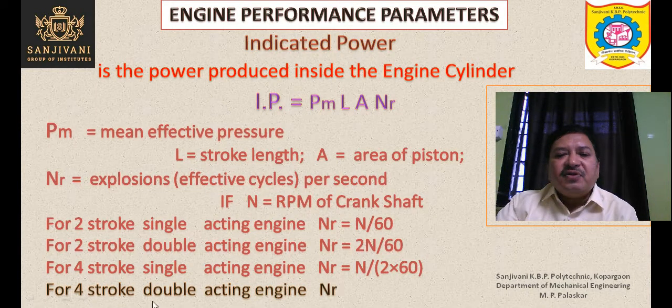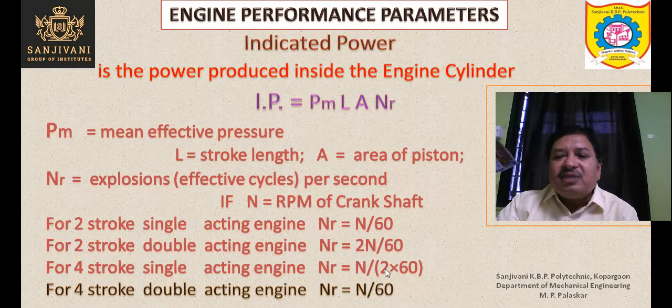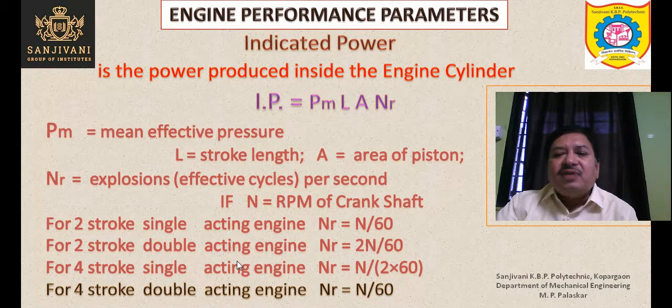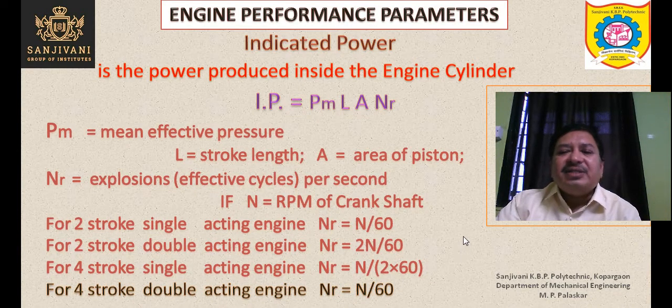Now if it is a 4-stroke double acting engine, then the number of explosions are again doubled, therefore this 2 is cancelled, and again we get NR is equal to N upon 60. So the number of explosions is equal to the number of revolutions in case of a 4-stroke double acting engine.